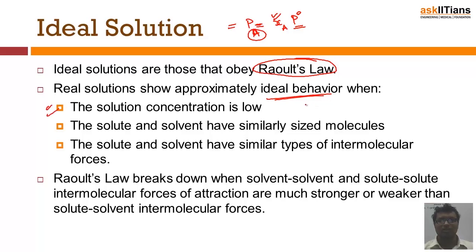What does that mean? The amount of solute is very low. If the amount of solute in a given solvent is low, the solution concentration is also low, right? Then there is a chance of the real solution behaving as an ideal solution.